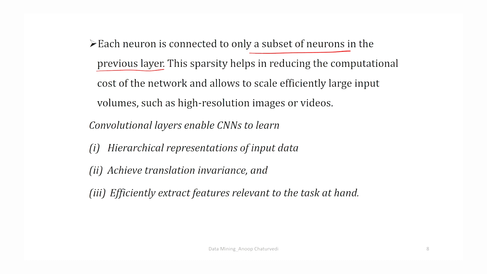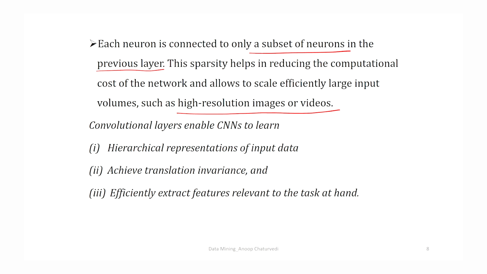So, naturally, if you have a lower number of parameters, then obviously it reduces the computational cost, and it also allows us to scale efficiently to large input volumes such as high resolution images or videos.